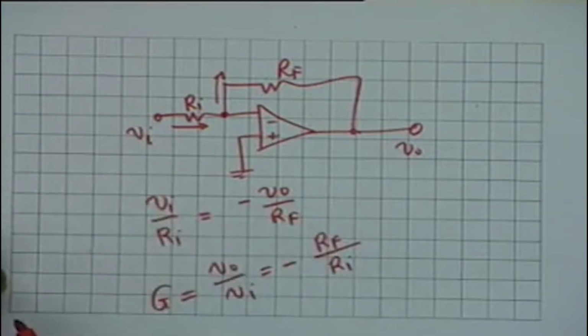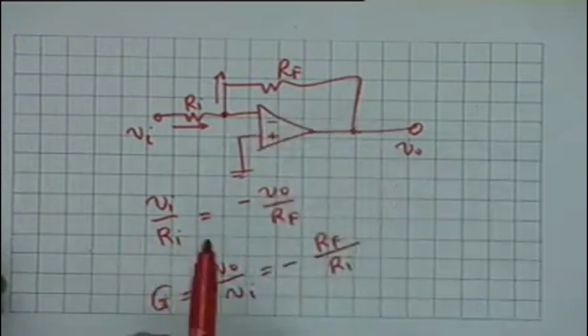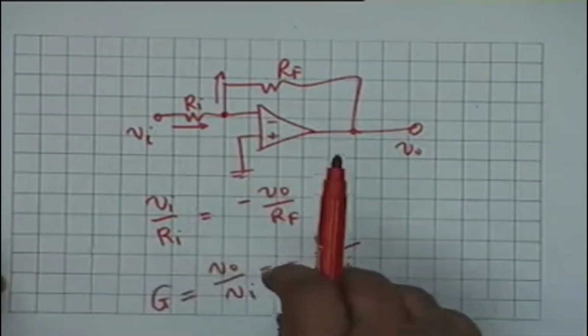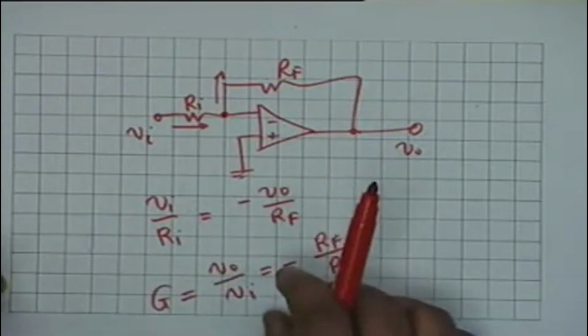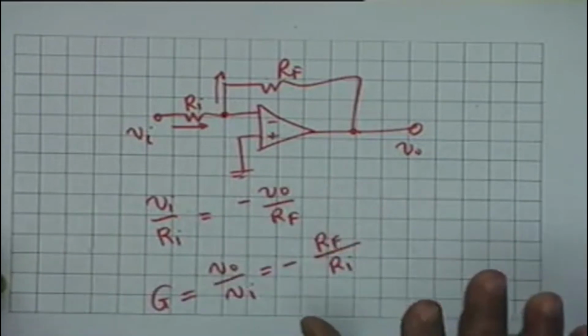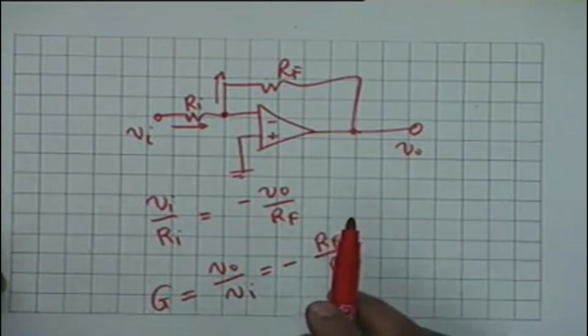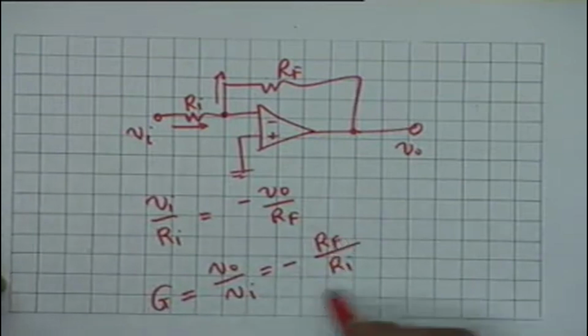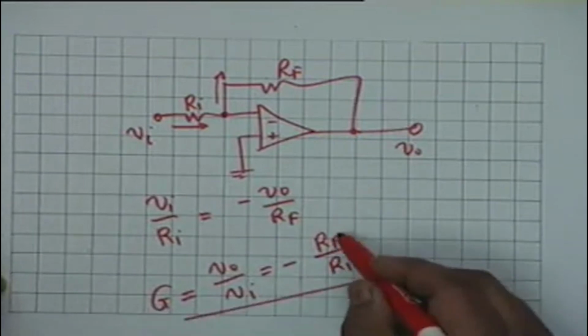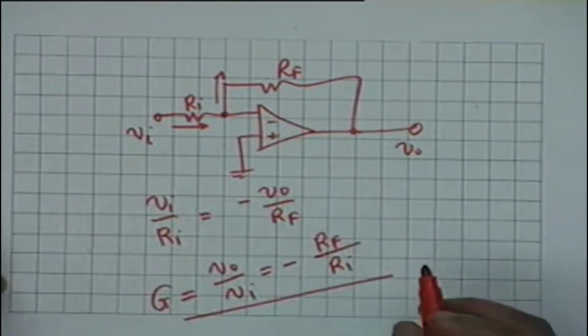But what is surprising is that the op-amp parameter capital A does not enter into the picture at all. In fact, none of the op-amp parameters enter. Why? Because we made that assumption that the op-amp is ideal. Now, the gain is therefore determined by simply a ratio of two resistors.